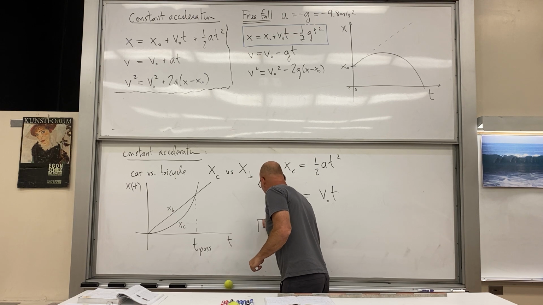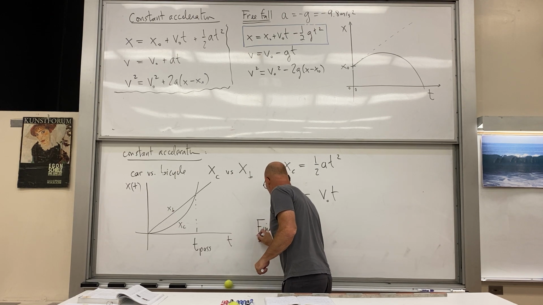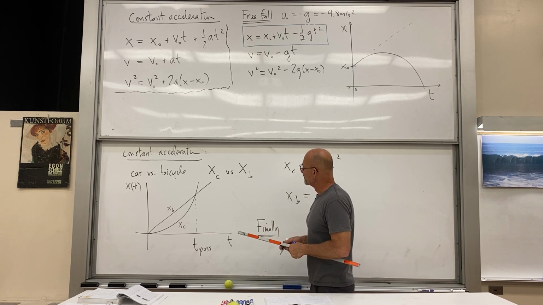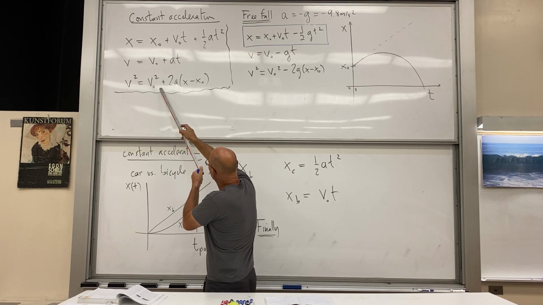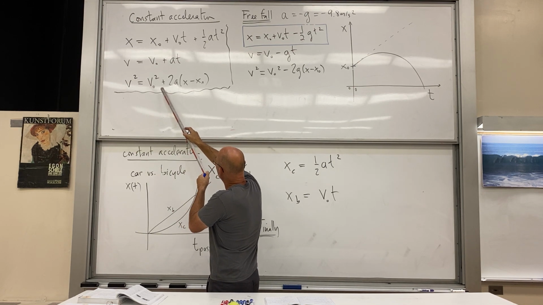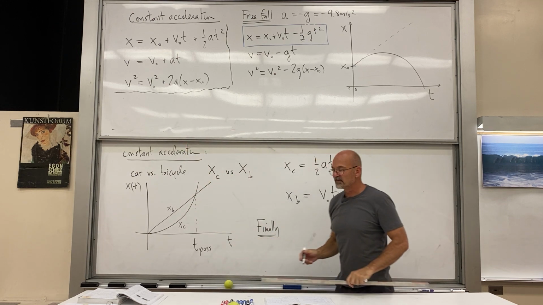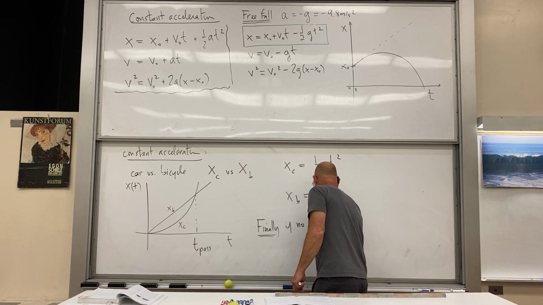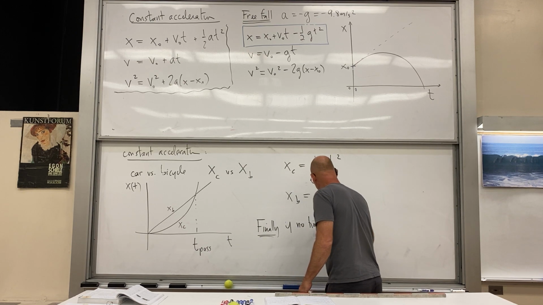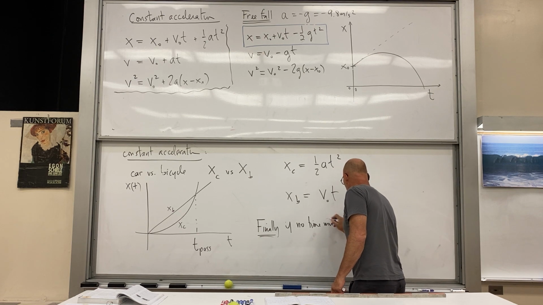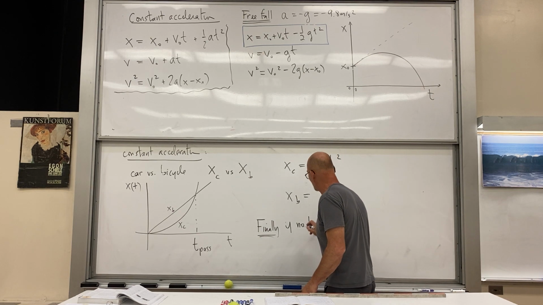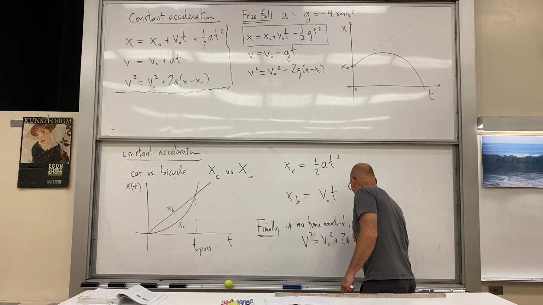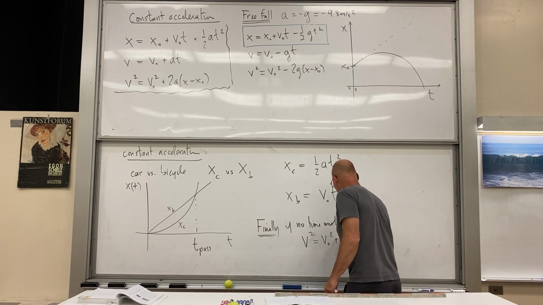Finally, I'll make this my last example, and then I'll look up some homeworks for you. Finally, once again, this formula here, if no time is involved in the problem, we use v squared equals v0 squared plus 2a times x minus x0, just as I did for the height.